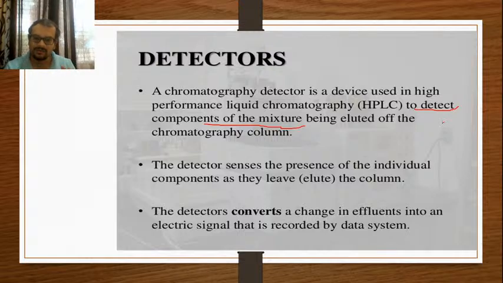And if their physical and chemical properties are far apart from one another, then detection is sensitive enough. And each component of the mixture will have its own set of physical and chemical properties. That's why the detector in case of HPLC needs to be different from one another. That means there is no universal detector in case of HPLC.